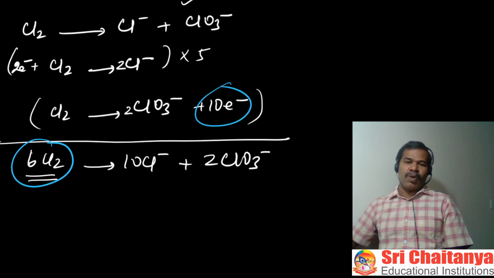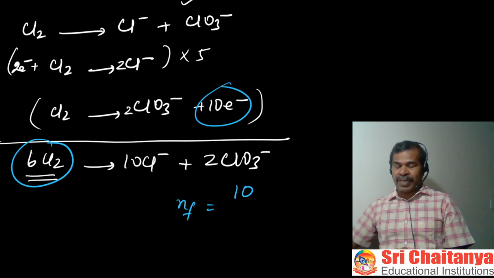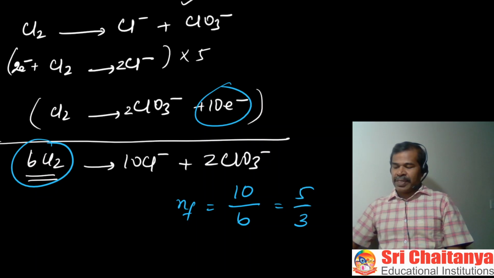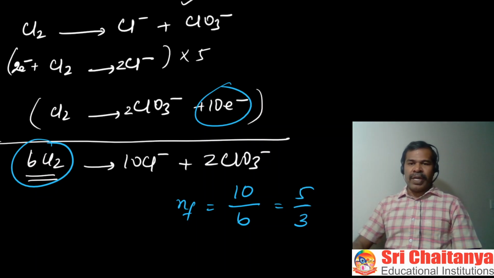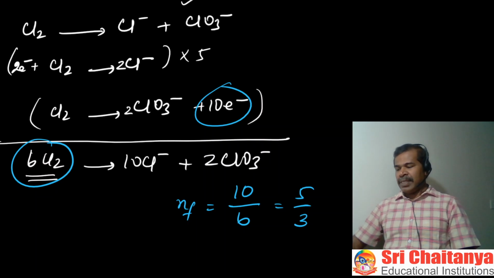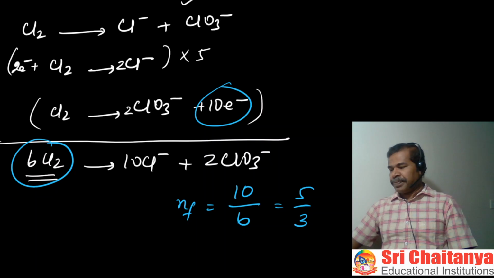The n factor is the number of moles of electrons transferred per mole of the substance. That is 10 moles of electrons transferred among 6 moles of chlorine, equal to 5 by 3. So the valency factor for chlorine undergoing disproportionation to Cl- and ClO3- is 5 by 3.